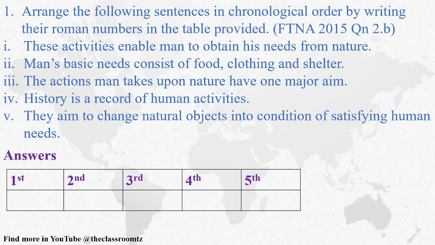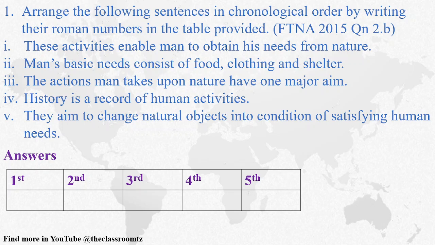And Roman 5: the aim to change natural object into a condition of satisfying human needs. So in order to tackle these questions well, you should first read all the sentences, and then start to rearrange them.